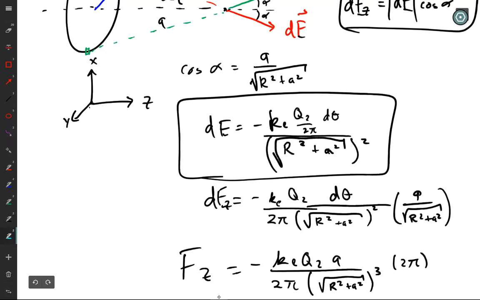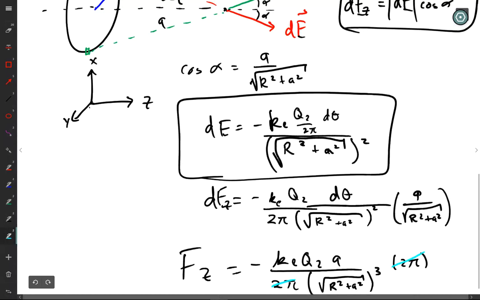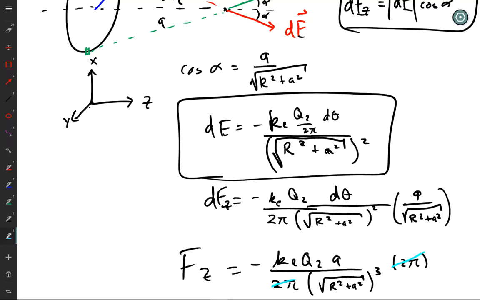Those 2 pi's cancel. And we have that. So here is an example, Michael, where the symmetry did not make it come to 0. It did make 2 of the components come to 0, but the third one didn't.